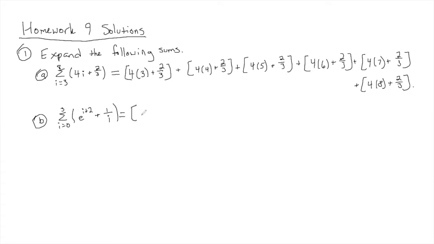So first term is when I plug in 0, so I get e to the 0 plus 2. I'll even write that out. Plus 1 over 0. Oof.